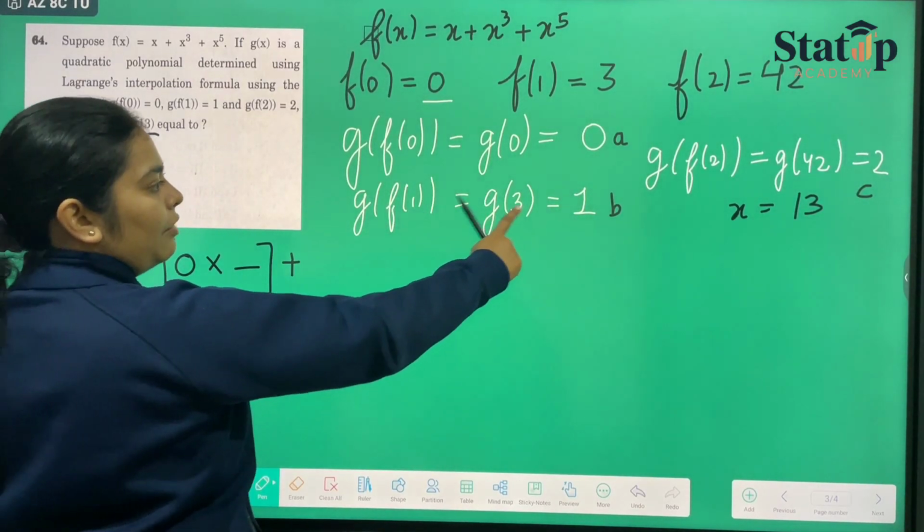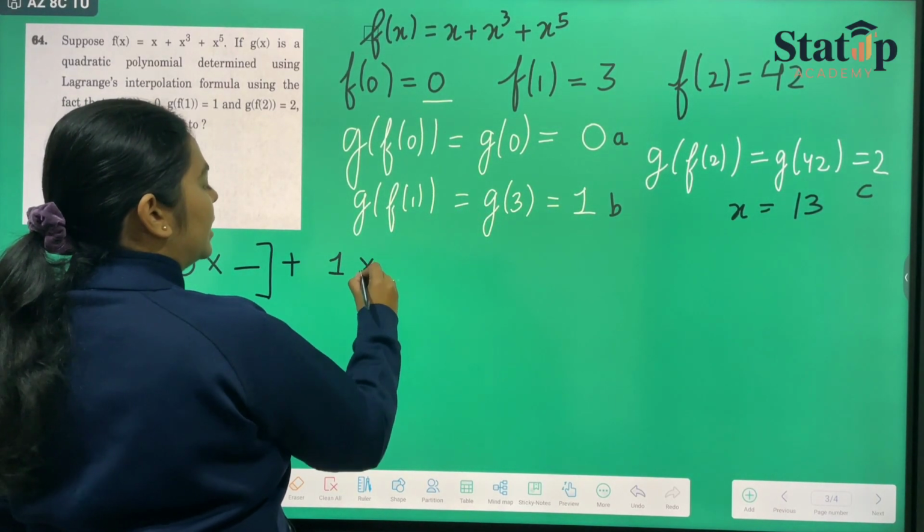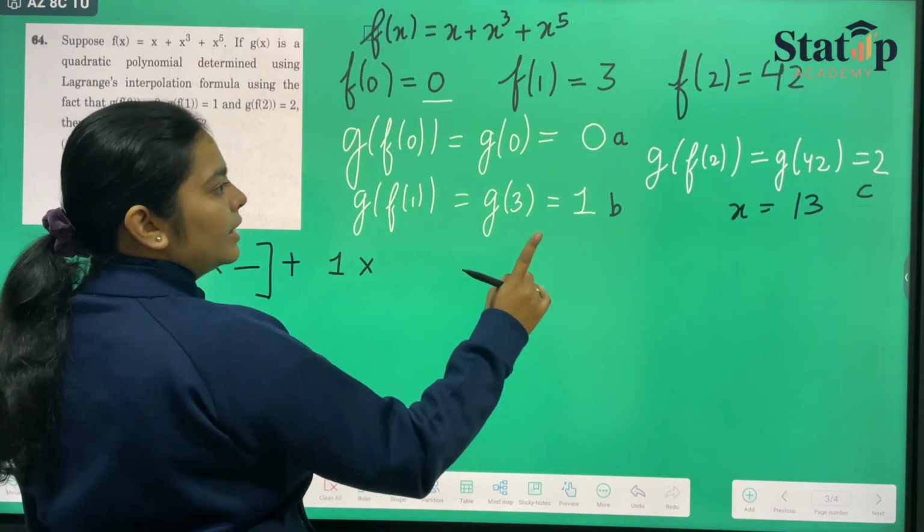Second is f of b. F of b is 1, and we'll multiply by x minus a and x minus c.